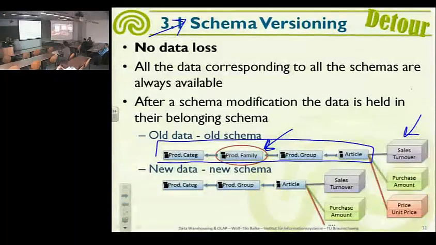So, well, I don't use the product family anymore. Or I only get a few queries, maybe once a year or once every 5 years. Maybe then you can compute it on the fly rather than building it every time in the ETL process.